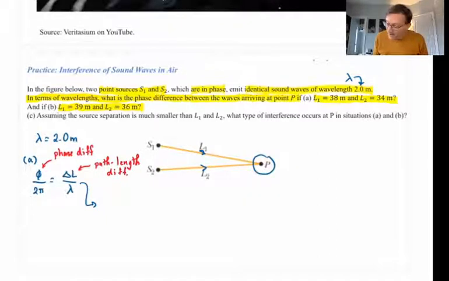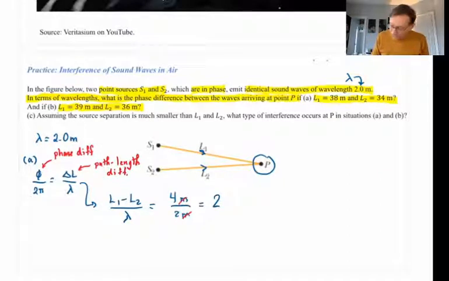Now in part A, L1 is 38, so I'm going to do L1 minus L2, and then divide it by lambda, delta L over lambda. 38 meters minus 34 meters means the numerator is 4 meters. The wavelength is 2 meters. The ratio is dimensionless, and it has the simple integer value 2.